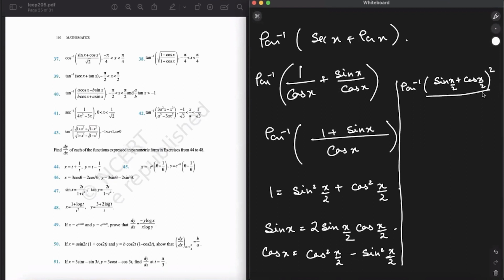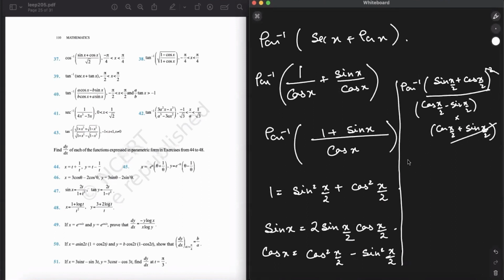It is divided by cos square x by 2 minus sine square x by 2, that means cos x by 2 minus sine x by 2 multiplied with cos x by 2 plus sine x by 2.